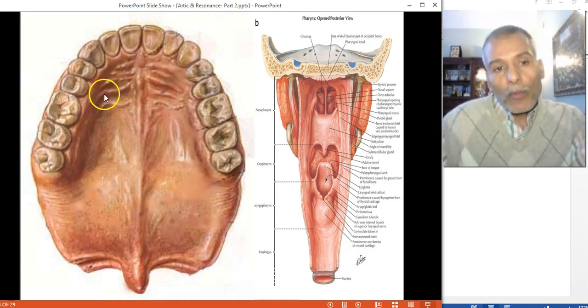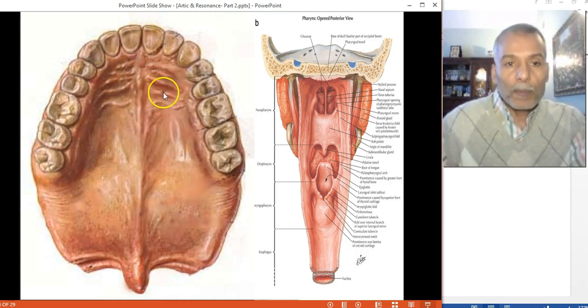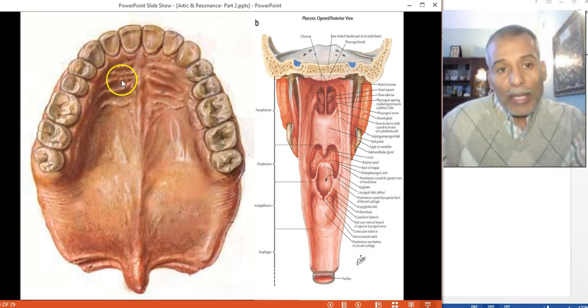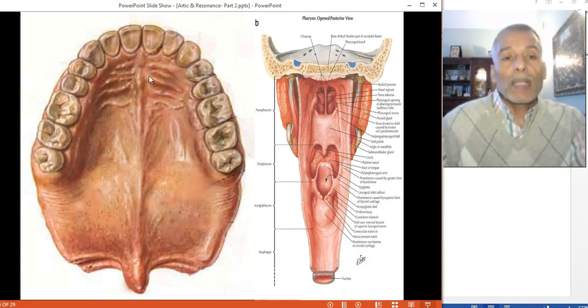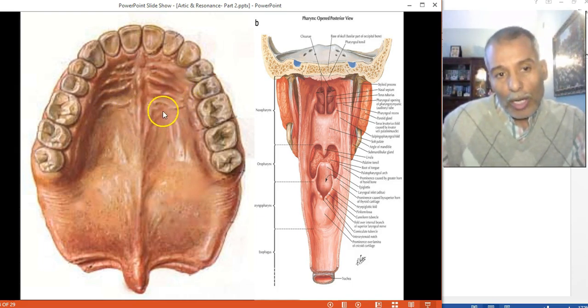So you could see different structures here on the hard palate. The front piece that is behind the central incisors makes a kind of triangle on each side. That area is called the premaxilla. So here. And it grows by itself. There's a suture here, and a suture here, and in the middle there's a suture.